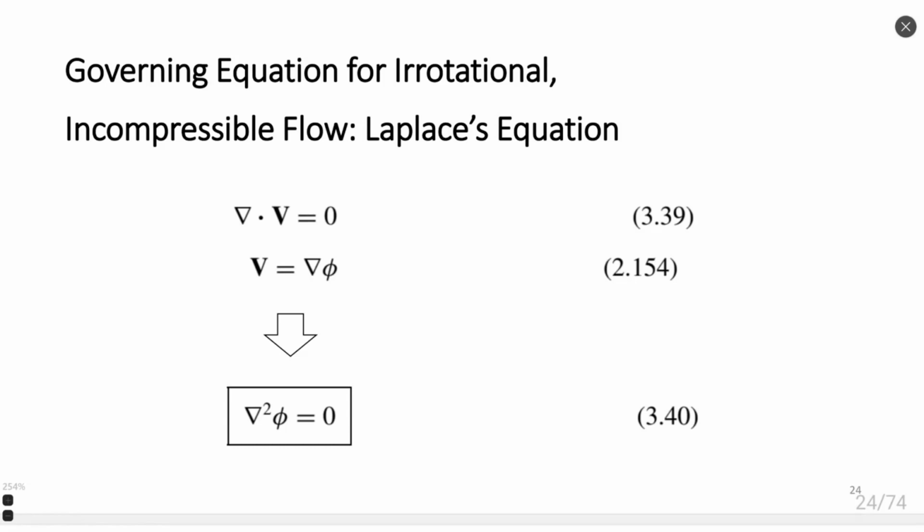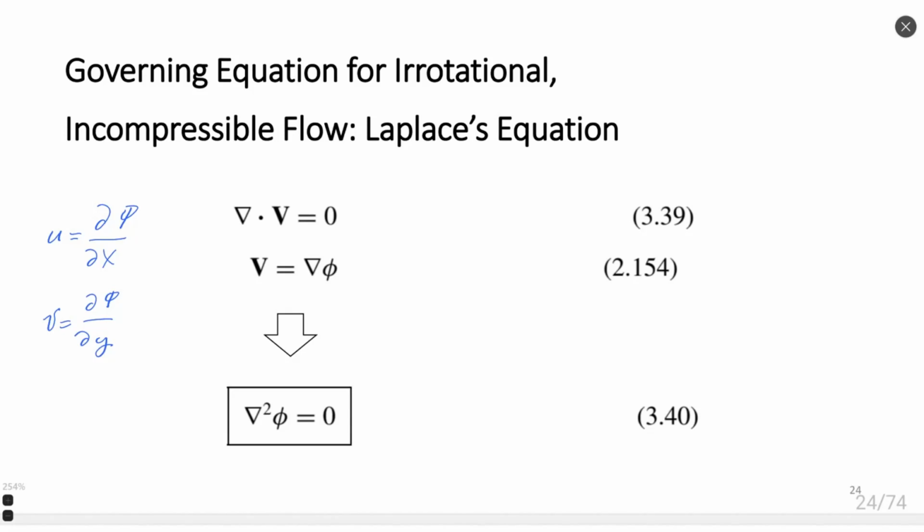I would like to remind you that there is a straight relation between velocity components and the potential function. We know that the u component of velocity is a derivative of the potential function in the x direction, and the v component of velocity is the derivative of the potential function in the y direction. And the same for the z direction.